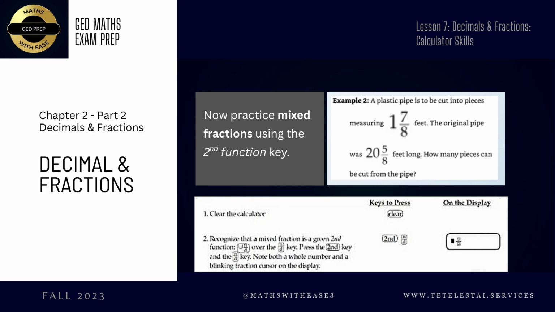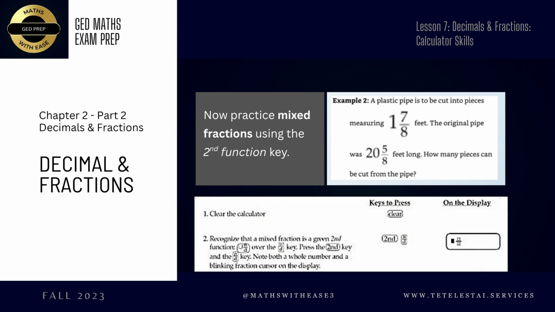The original pipe is 20 feet and 5/8 of an inch long. How many pieces can you cut from the pipe? Well, you simply need to divide 20 and 5/8 by 1 7/8, right?